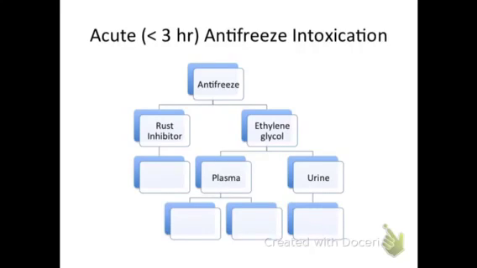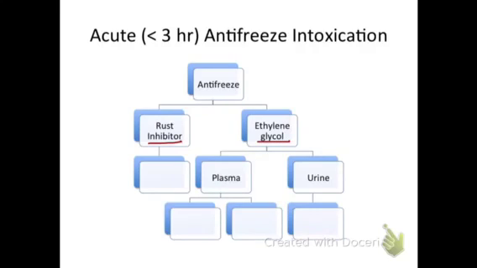Since you've already learned about ethylene glycol causing acute renal failure, this slide summarizes the laboratory changes that you see within 3 hours of antifreeze ingestion before the animal has acute renal failure. Antifreeze contains a rust inhibitor and ethylene glycol.